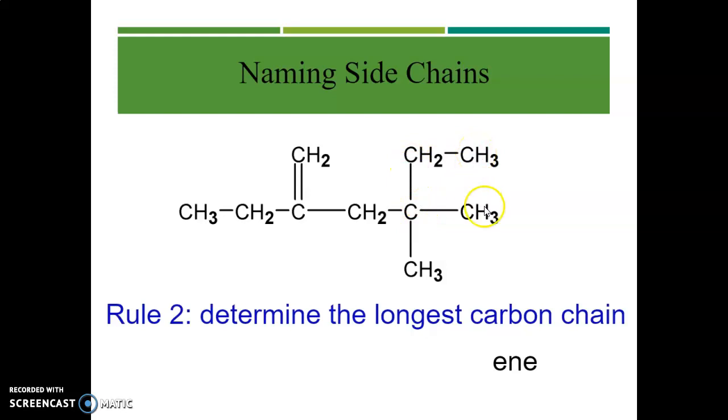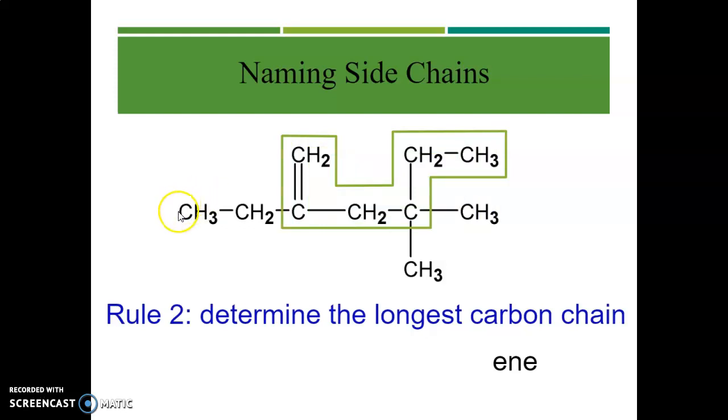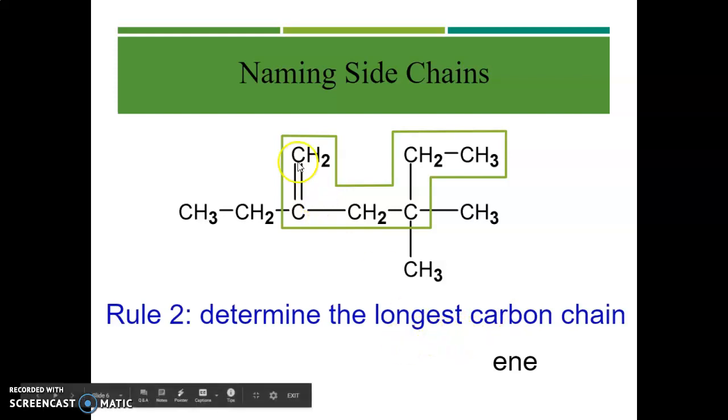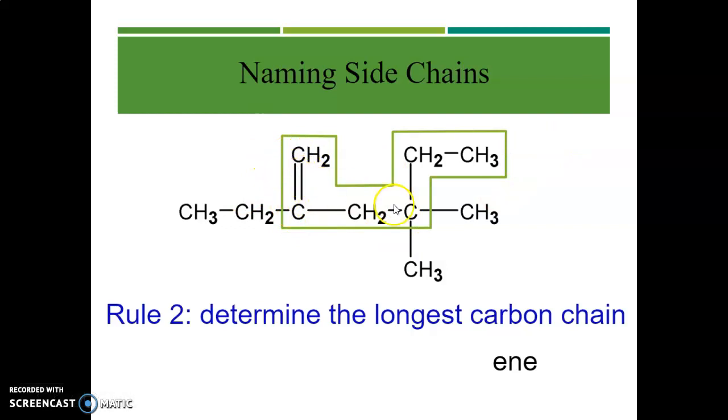So I have indicated the longest carbon chain as right there. 6 carbons. Remember, I said that the longest carbon chain does not have to be in a straight line. So you kind of see where it curves a little bit. It's always going to be the one that has the most in consecutive order. Okay, so because of that, I have identified my longest chain looking like this, but I've also included my double bond there.